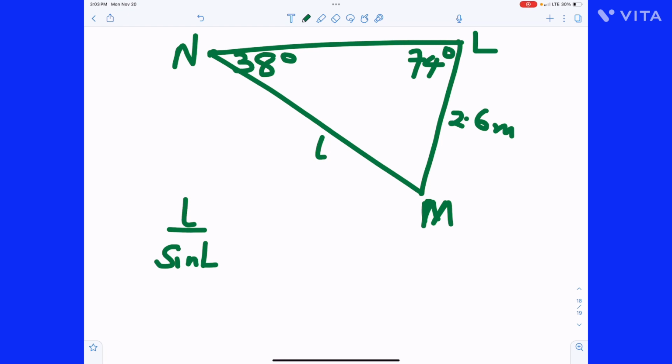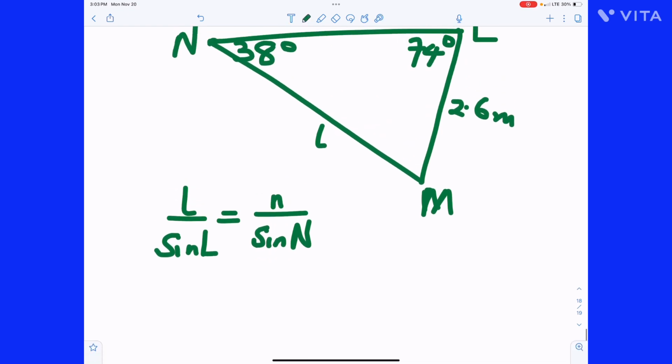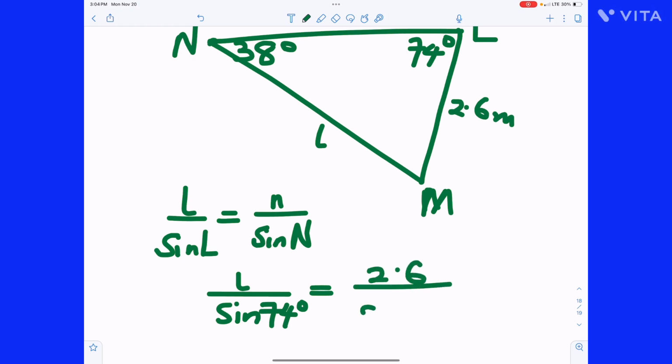So L over sine L is the same thing as N over sine N. That gives us L over sine 74 degrees is N, which is 2.6, over sine 38 degrees.